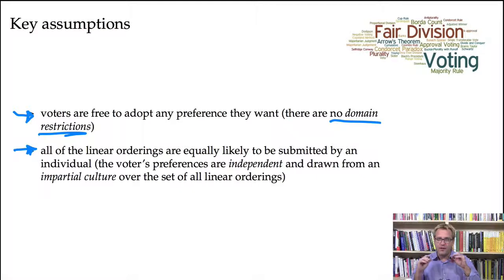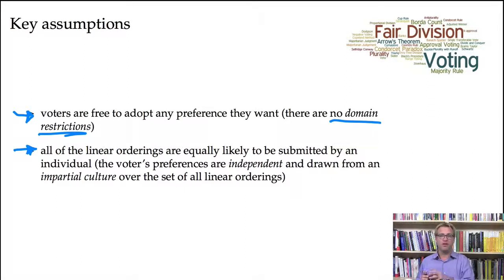What that means is if I pick an arbitrary voter and I ask, how likely is it that that voter will choose any one of this set of linear orderings? That probability is going to be uniform across all of the voters. So for example, if there are 3 candidates, then there are 6 possible linear orderings.